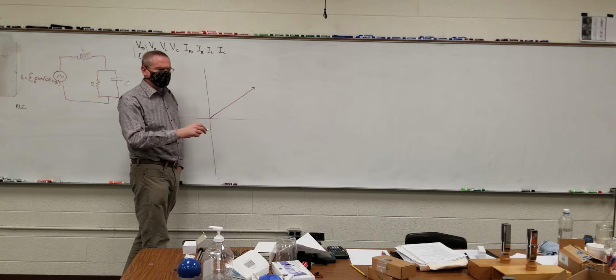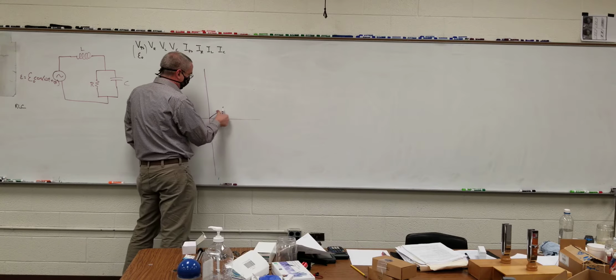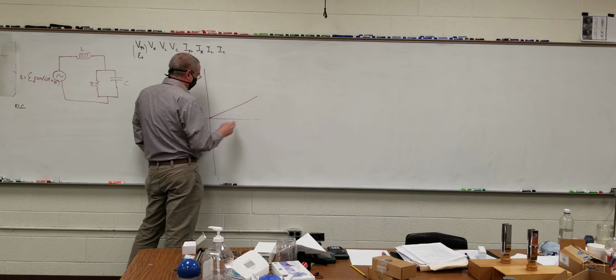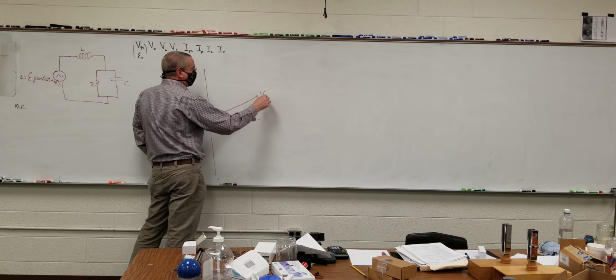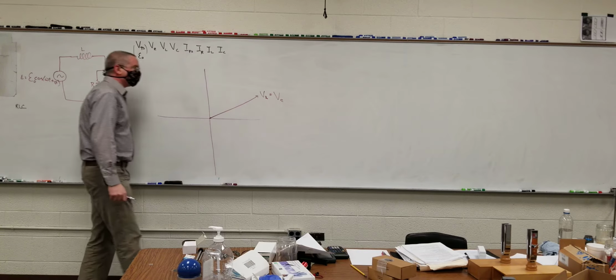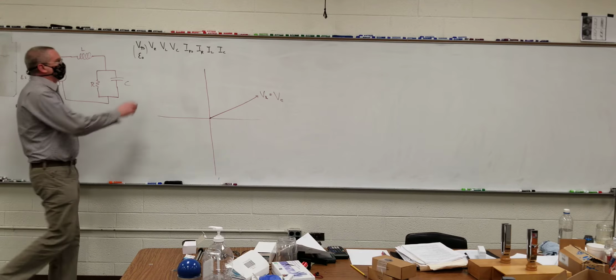I think I had you do it at 30 degrees or pi over 6. So let's try to draw it closer to pi over 6. Perfect. Exactly pi over 6. So that is the voltage of R and the voltage of C. So 2 done.